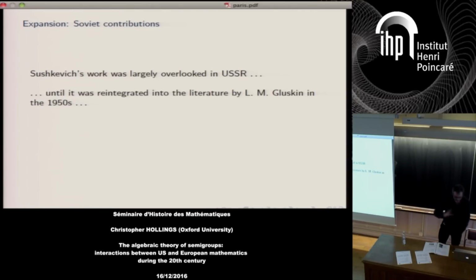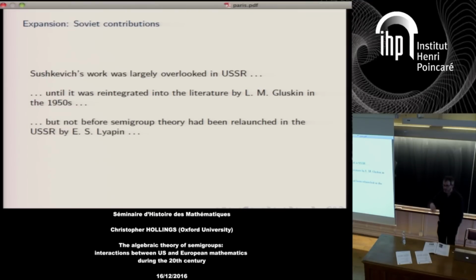And it wasn't until the 1950s when his student, Gluskin, began to reintegrate Szyszkewicz's work into what by that time had become a sort of reborn Soviet semigroup theory, mostly in the work of E.S. Lyapin in Leningrad, who was somebody who seemed to be very well versed in the contributions of Rees and Clifford, and he was building on those things.